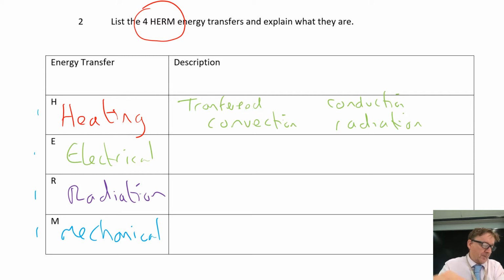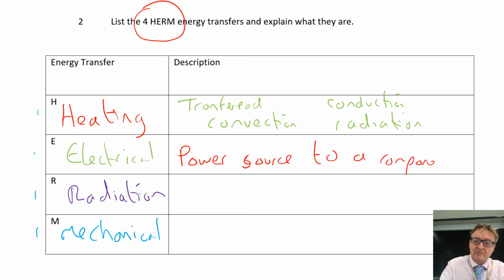Electrical energy is basically from a power source, and then that is transferred to a component, for example, a cell or a battery. Radiation, the two transfers here are light and sound.